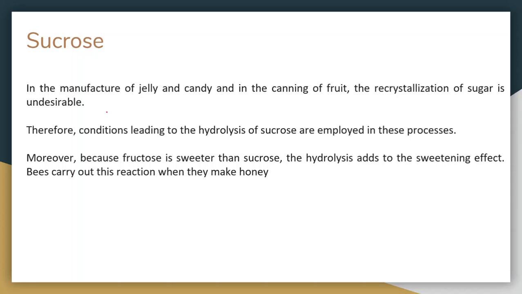For example, in the manufacturing of jelly, candy, and in canning fruits, the recrystallization of sugar is undesirable. The product will not look good. So we use invert sugar instead of sucrose. Also, fructose is sweeter than sucrose, so the hydrolysis adds to the sweetening effect also.